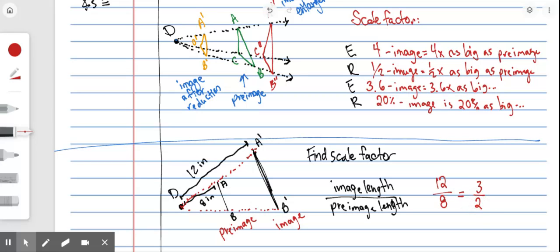So my scale factor is 3/2, or 1.5. Okay. And this makes sense because this scale factor is bigger than 1, which means that my image will be bigger, or an enlargement. And I can check my scale factor just to make sure. Okay, let's find another scale factor.